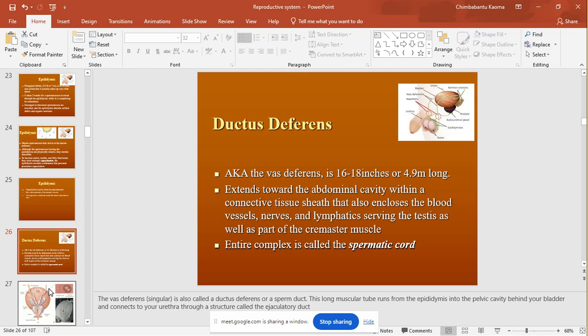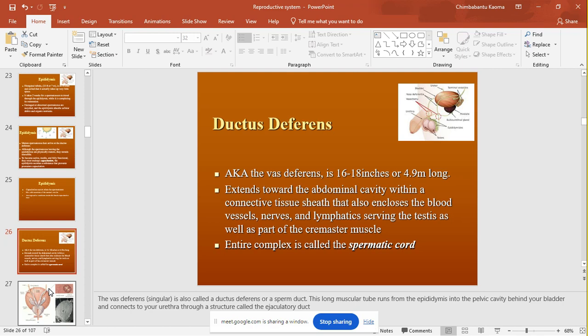So it doesn't travel alone, it's like Liverpool, doesn't walk alone. It will be found in a sheath of connective tissue, and in this sheath will be other structures. These include blood vessels, nerves and lymphatics, and cremaster muscle.